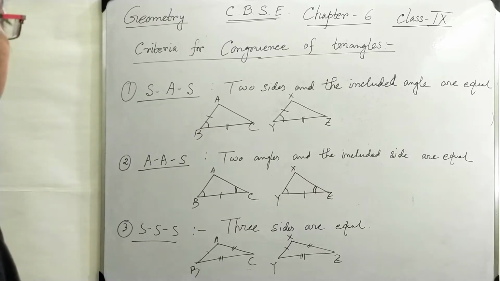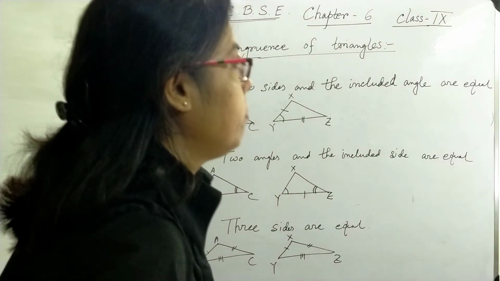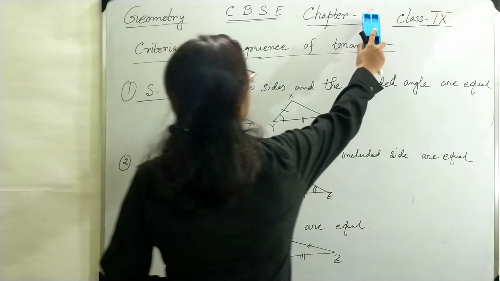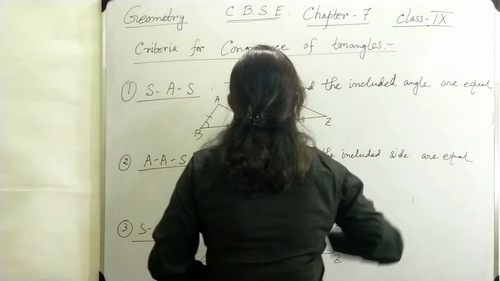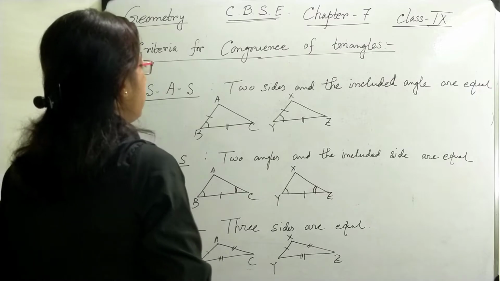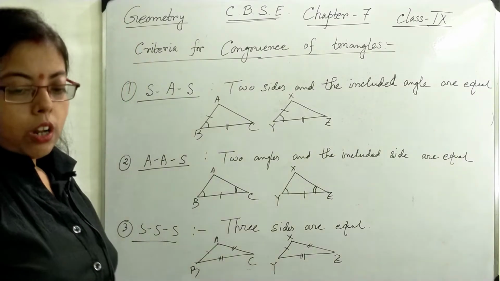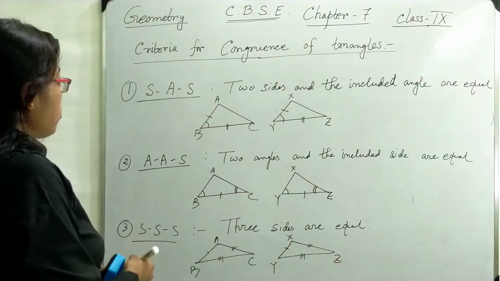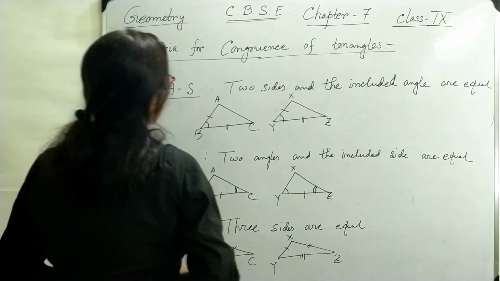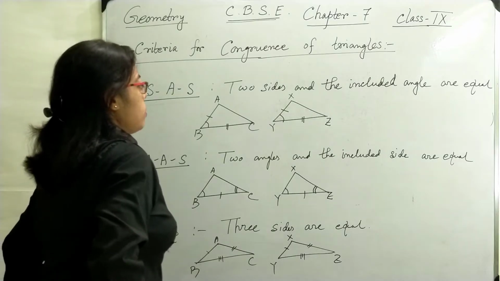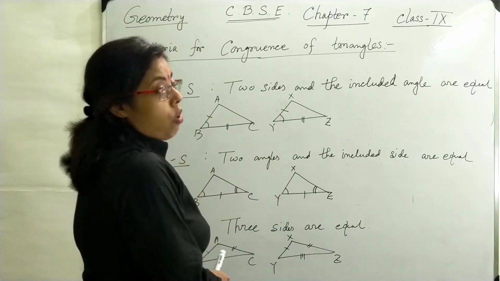Here we are. Our next topic is chapter number 7. This is chapter number 7, not 6. Criteria for congruence of triangles. Now, what do we mean by congruence of triangles? Congruence means you have to compare 2 triangles, whether they are congruent in nature or not.